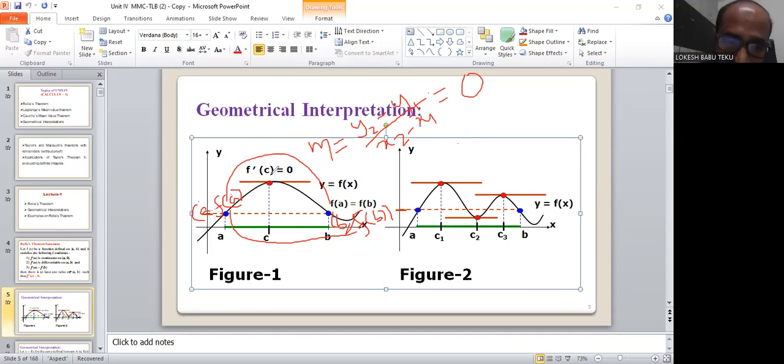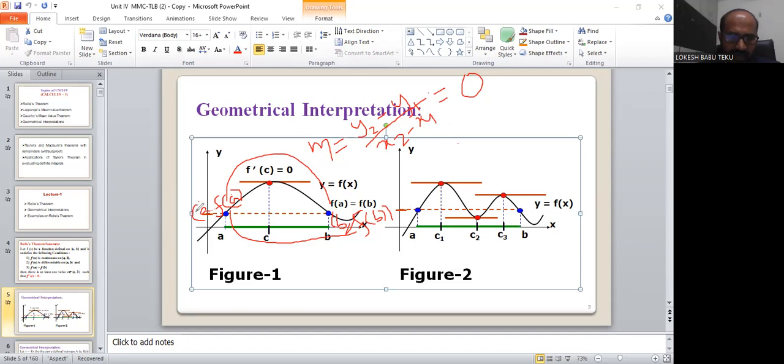The slope of this tangent is nothing but the derivative of the function, right? So therefore, here the slope is equal to 0. This is the geometrical interpretation.